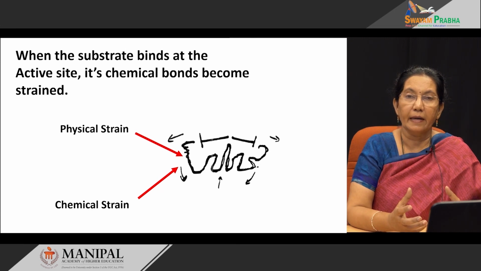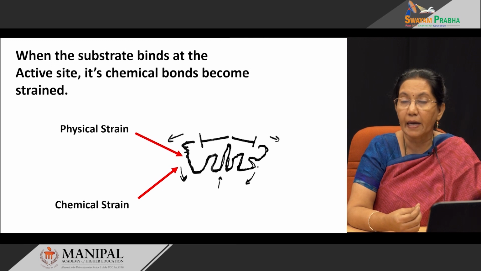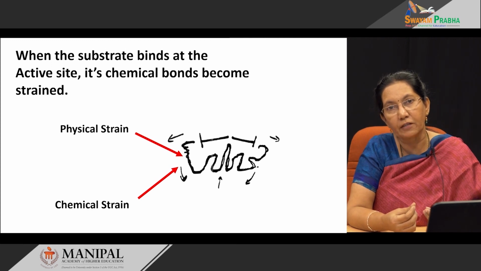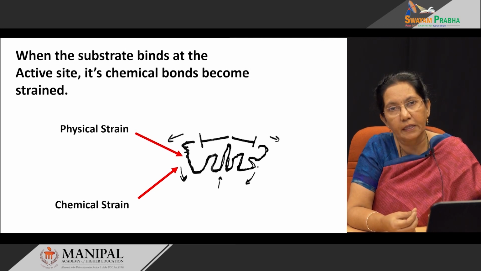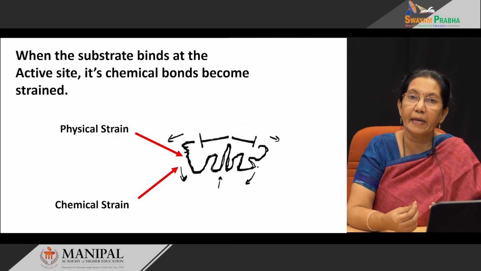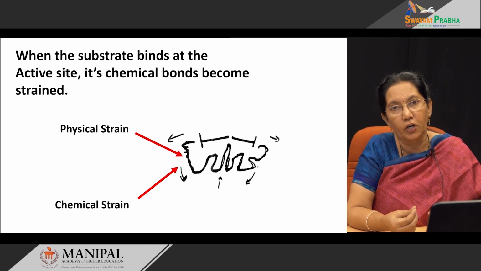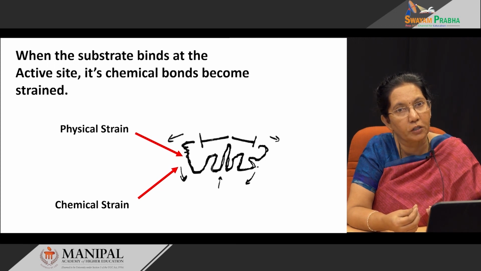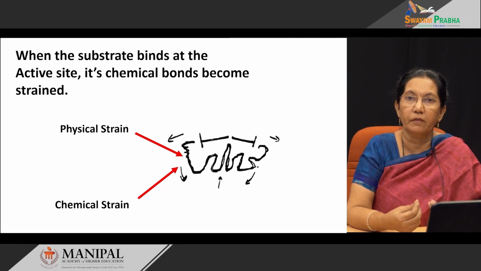One is that there is a huge physical strain on the bonds which are there in the substrate molecule. That happens because the substrate has to fit itself into the active site. Now, along with the physical strain, there is also a chemical strain that happens, and that happens because of the R groups which are charged, and these charged R groups form hydrogen bonds with the substrate, and when they do that, there is a chemical strain that also occurs on this molecule.